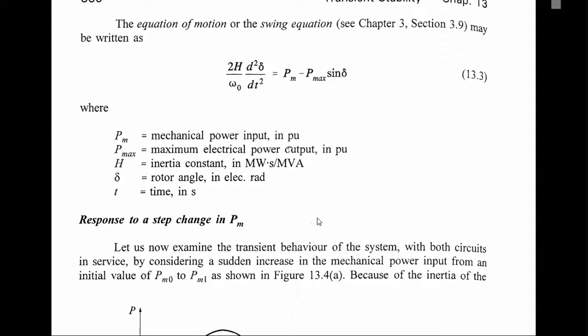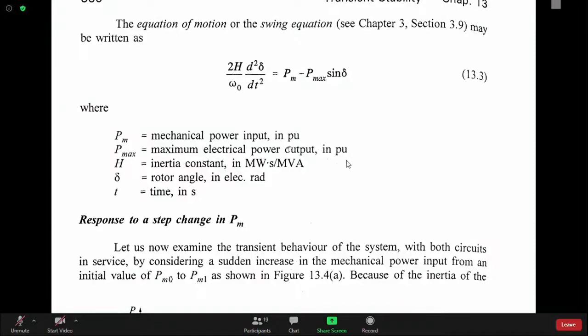The swing equation is 2H by omega naught times d square delta by dt square is equal to Pm minus P max times sin delta.